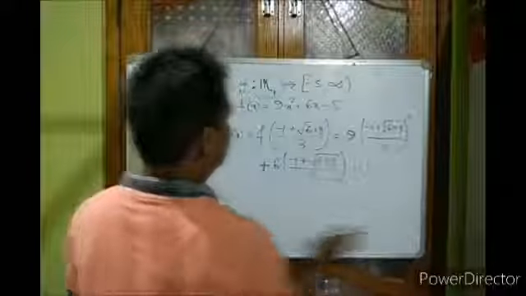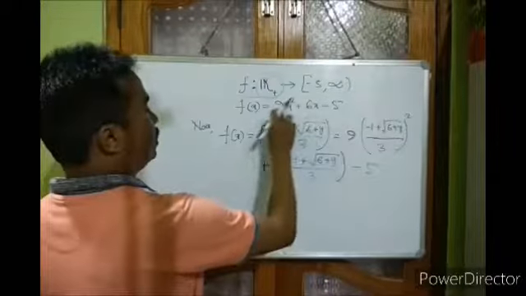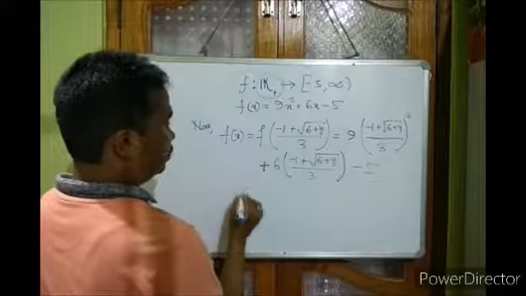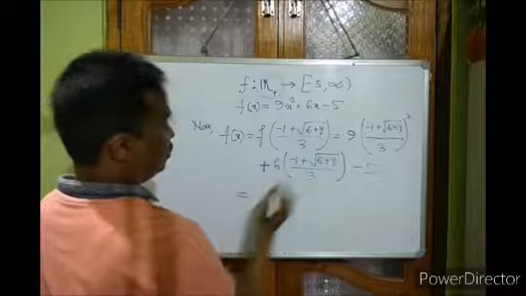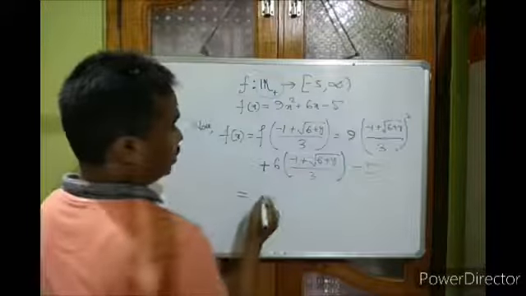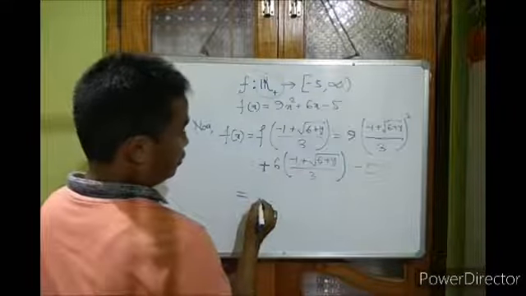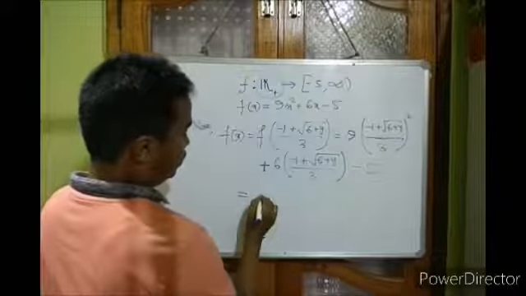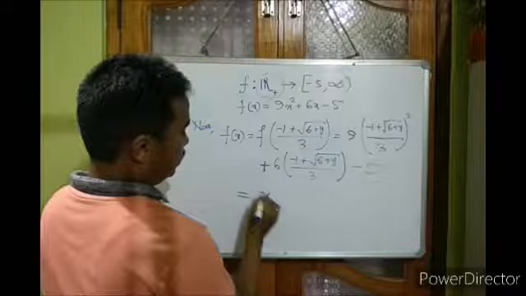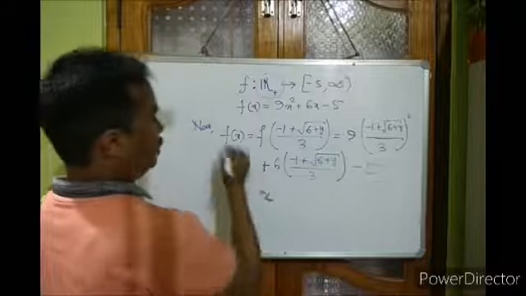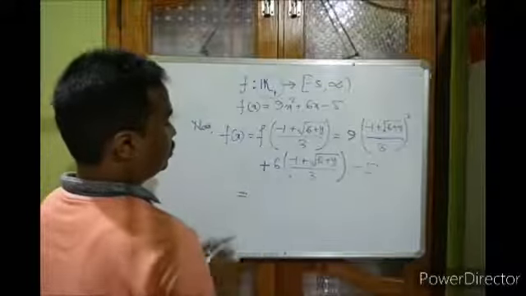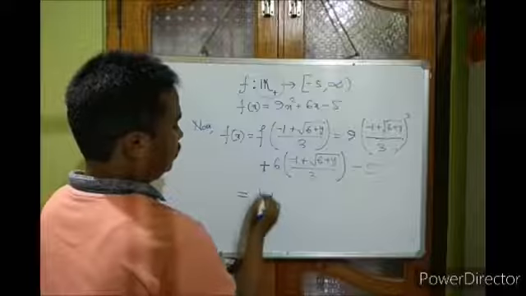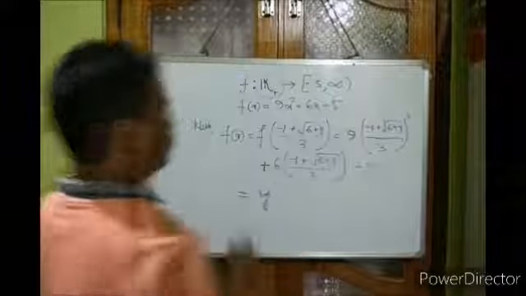It means we are substituting the value of x in this function. Here 9 gets cancelled, and after simplification we get this is equal to y.